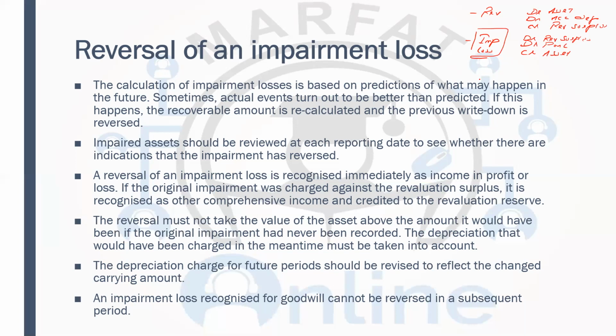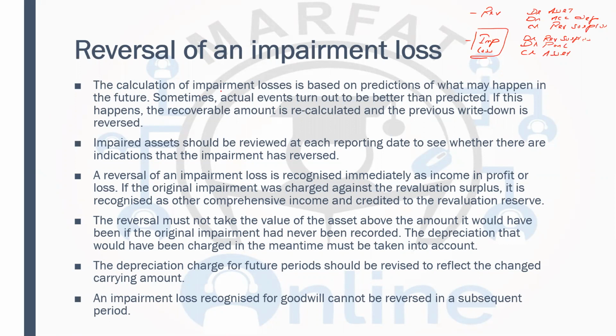It is possible that based on the indicators on which you have charged the impairment, those factors, those events, those circumstances have now been reversed. If those factors have now been reversed, then you need to reverse the impairment loss as well.